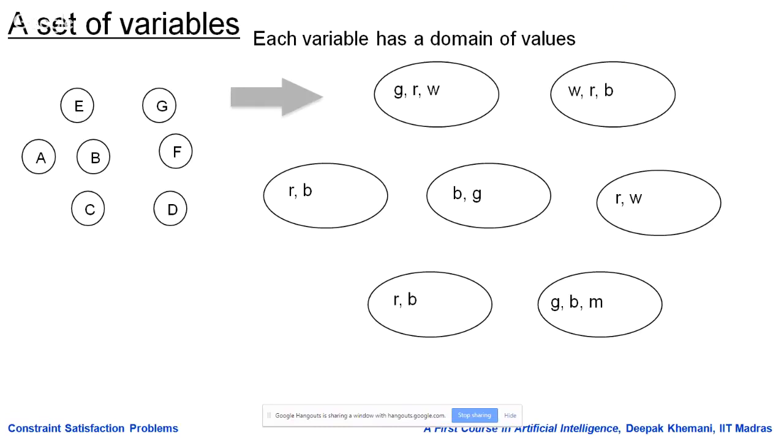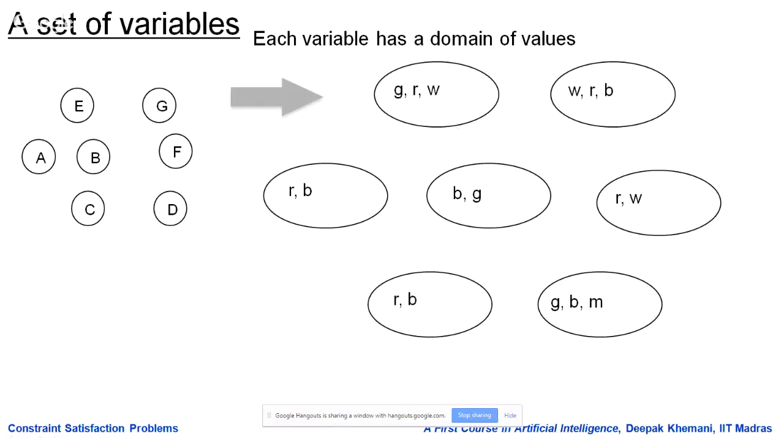So if you map the variables on the left to the domains on the right, you can see that A has domain R and B, which we will understand to stand for red and blue, and mostly we will be talking about map coloring problems. The variable E, which is on the top, has domain green, red, and white, and so on. So each of the variables has their domain. This is one thing about CSP, that every variable has their own domain.